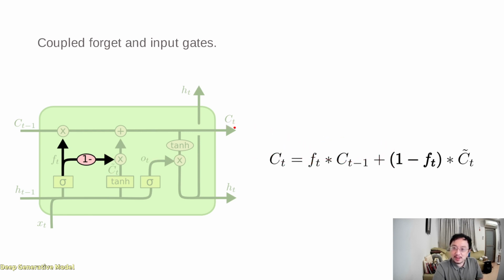So this one is the coupled forget and input gate. This one also is very straightforward, one of the trivial or obvious approaches that we may have to modify our networks.